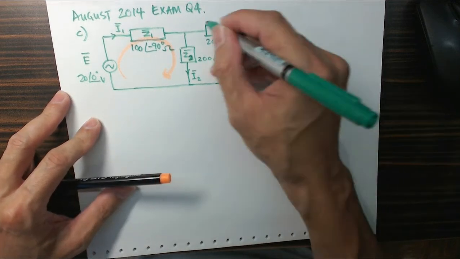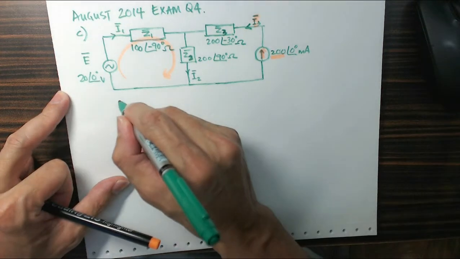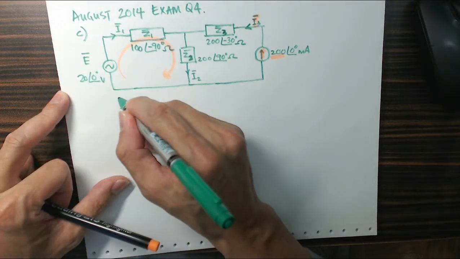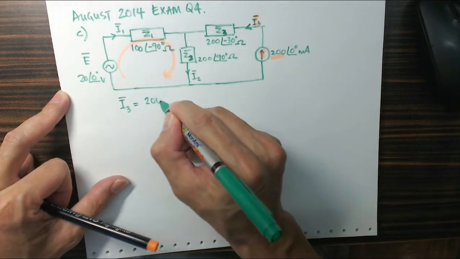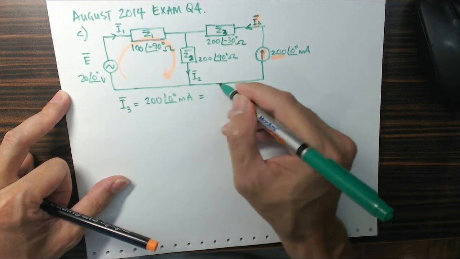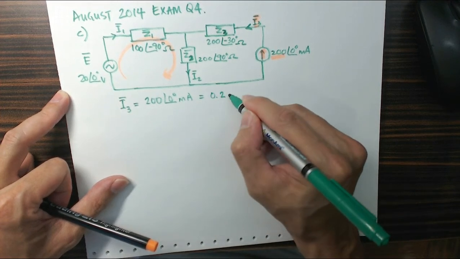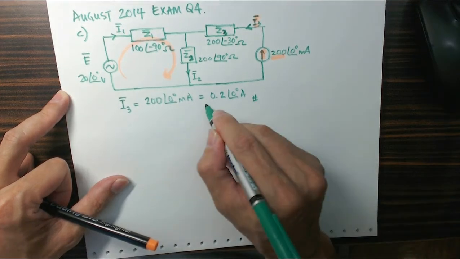Since this is a current source, I3 must be the same as this. Therefore, I start with saying that I3, the branch current, must be the same as this, which is 200 angle 0 degrees milliamp, or 0.2 angle 0 amps. Okay, so that's the first answer.